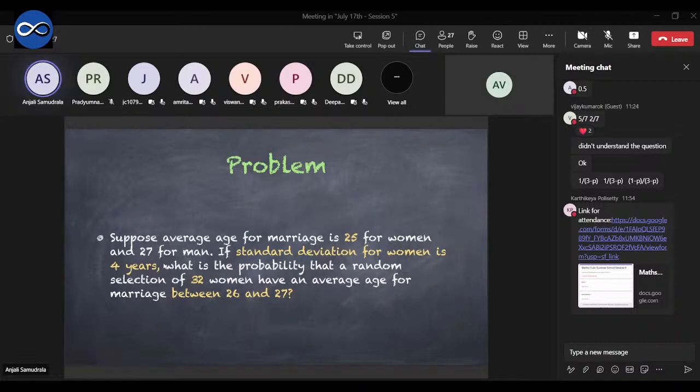Since the value of n is 32, it is considered to be large. So here we can use the central limit theorem to find the probability.